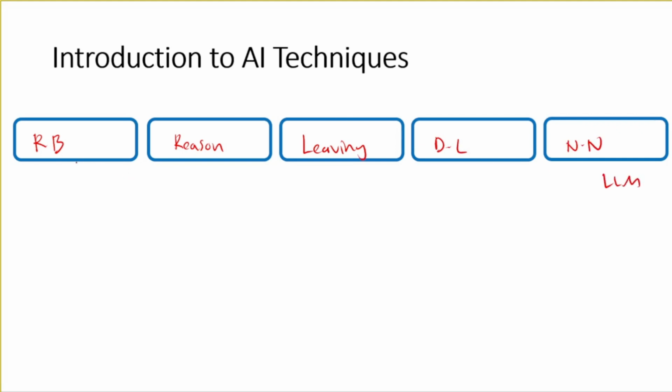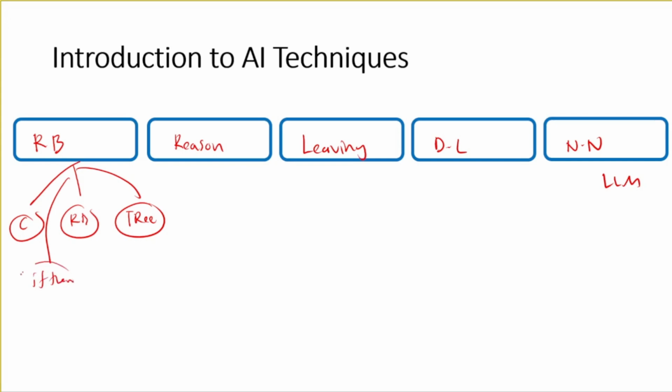So rule-based, what we have over here is constraints, rule-based, trees, and what else? We have if-then rules. So reasoning, we have induction, inductive and deductive.